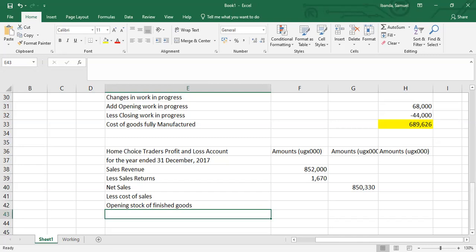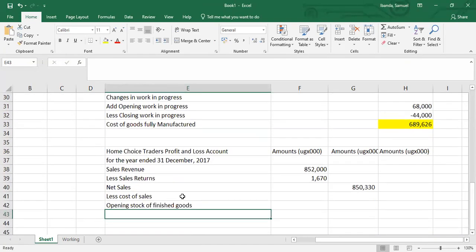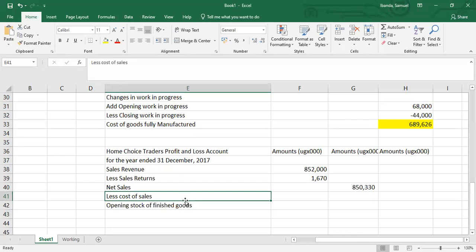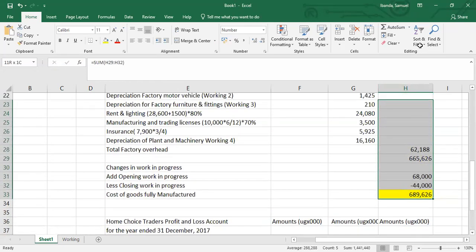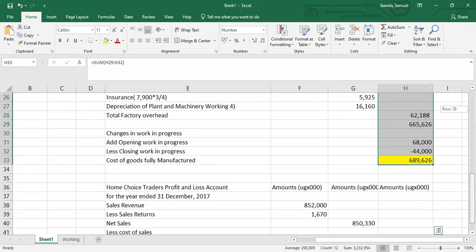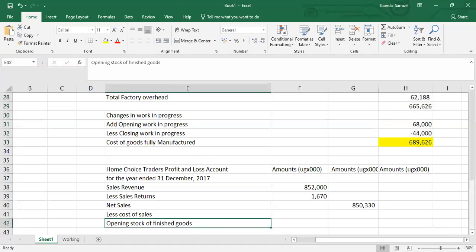Remember, this cost of sales here, did I leave this? I didn't leave it. The normal cost of sales, we do opening stock, add purchases, and less closing stock. But since now we already have dealt with the raw materials and work in progress in this account up, down here we only look at the finished goods. So what you basically do is opening stock of finished goods.